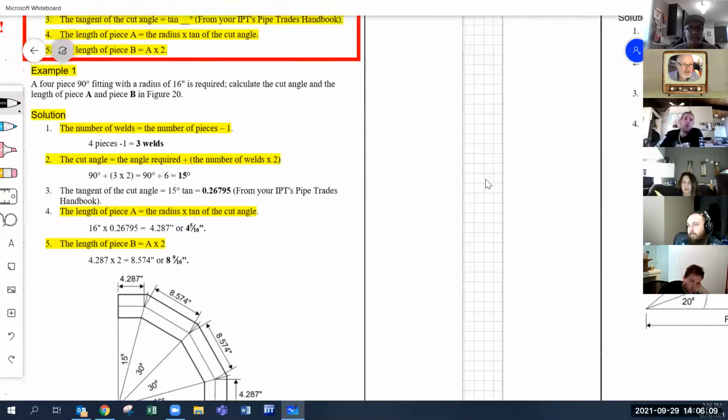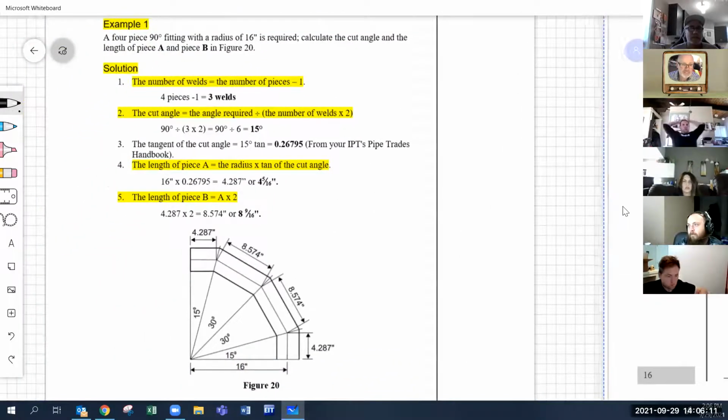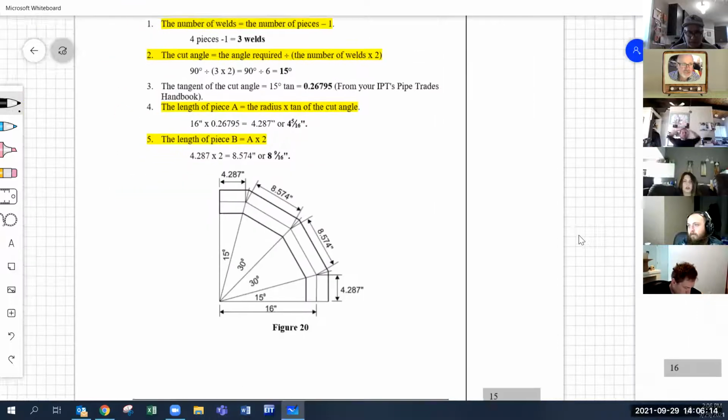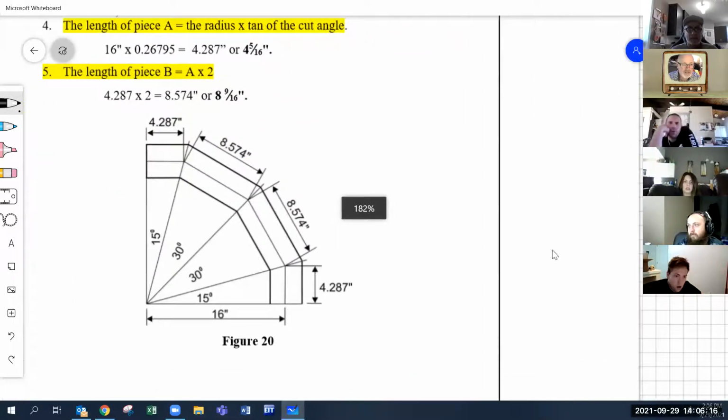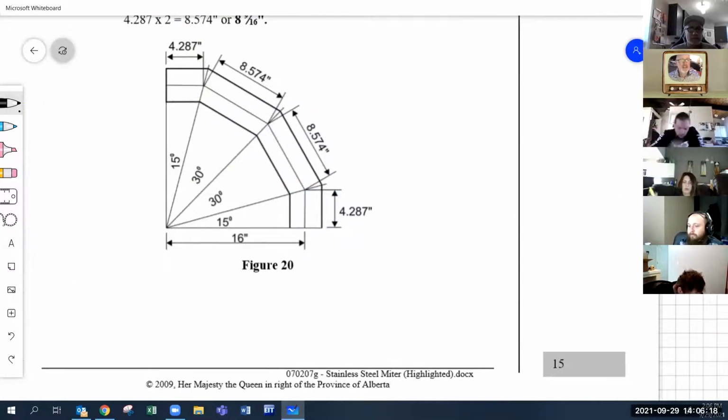I want to show you over here this example. It shows you how they did it. They gave you a radius of 16.